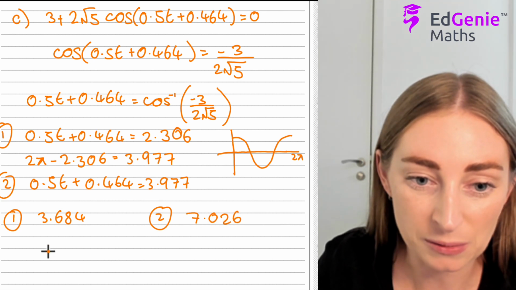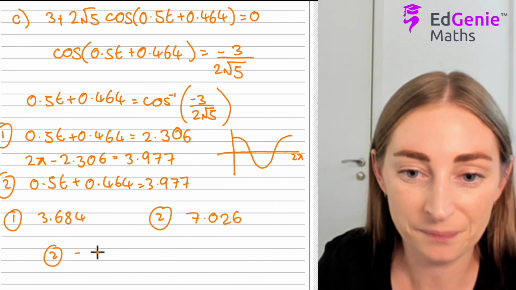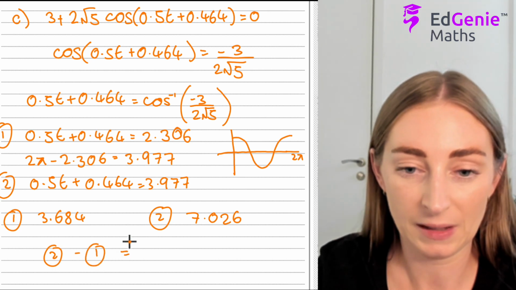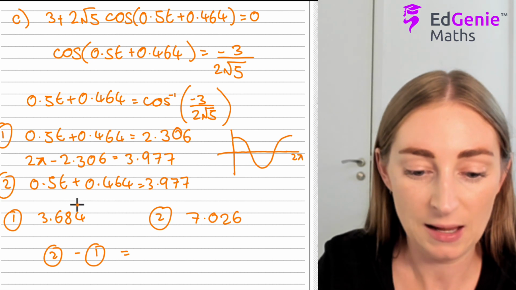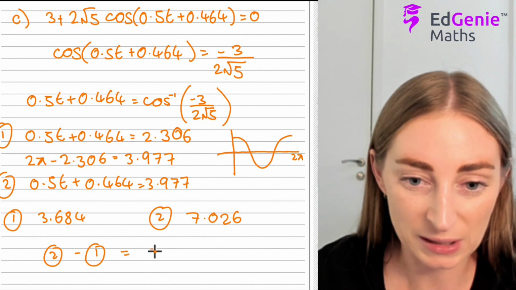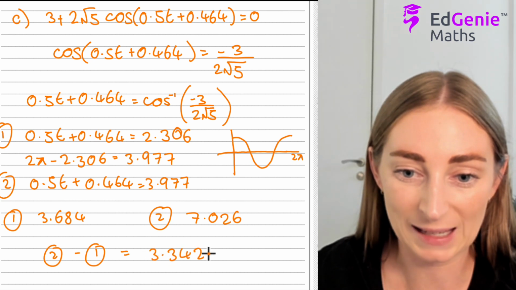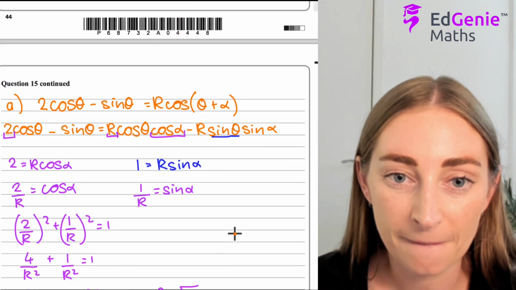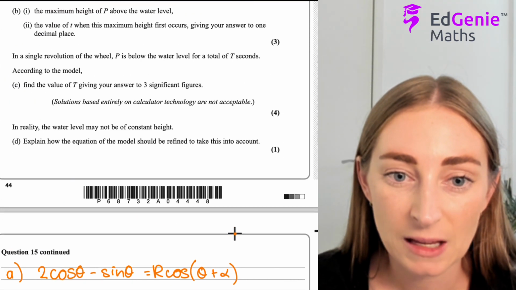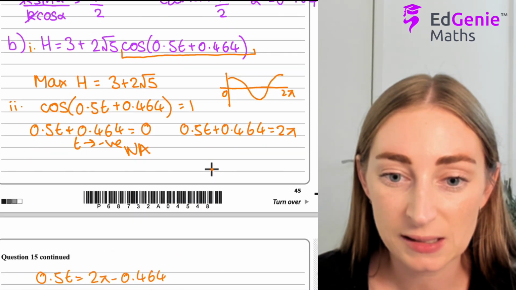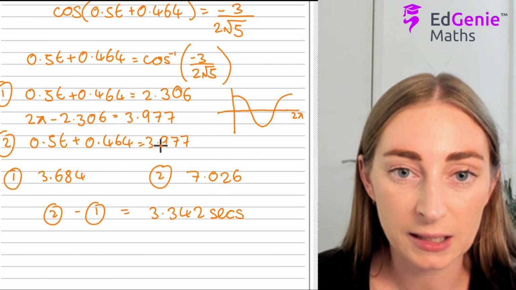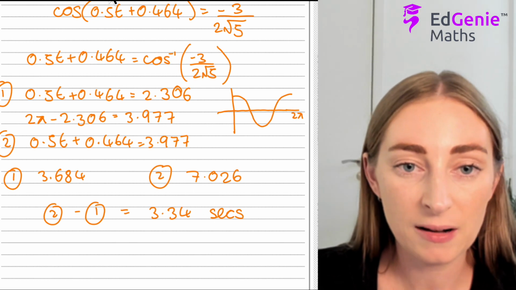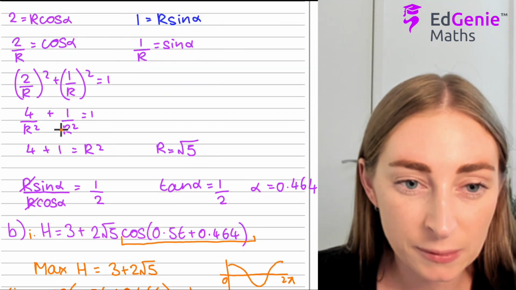So then I do 2 take away 1. So I'm doing this, take away this, and I have got 3.342 seconds. Did it matter what we rounded it to? 3 significant figures, so let's take away that 2. And we're done.